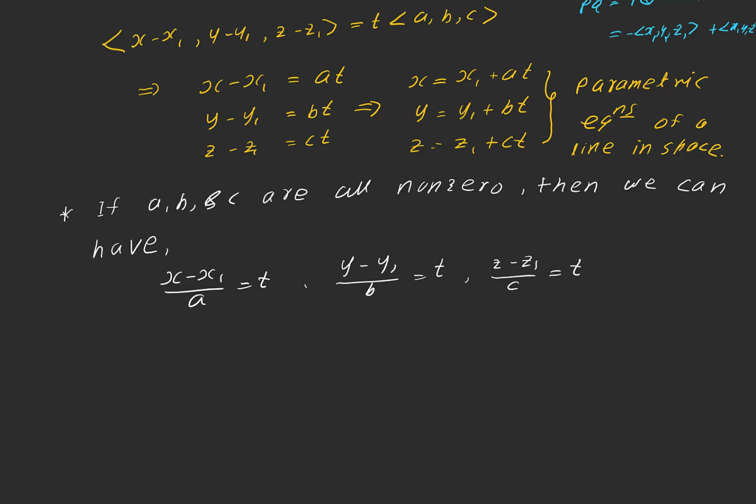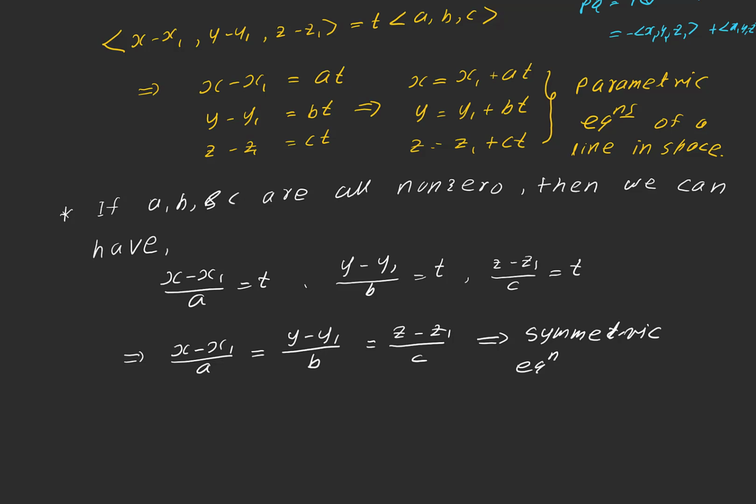From these equations, we can write (x minus x1) over a equals (y minus y1) over b, which equals (z minus z1) over c. This is called the symmetric equations of the line.